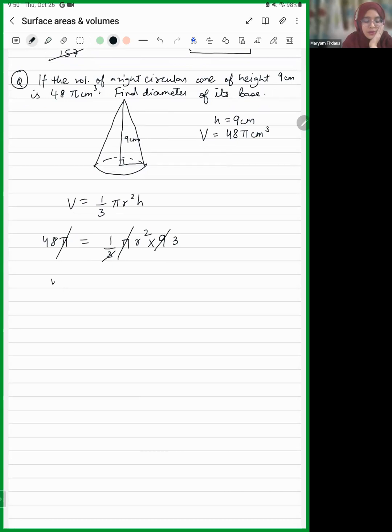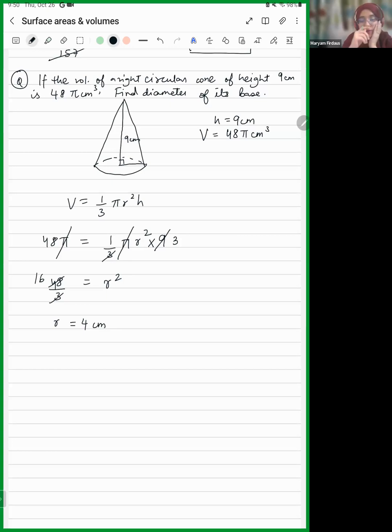So 48 by 3, that is 16. And over here, r square. So from here, what is r? r equals root of 16, and that is 4. 4 what? Centimeters.